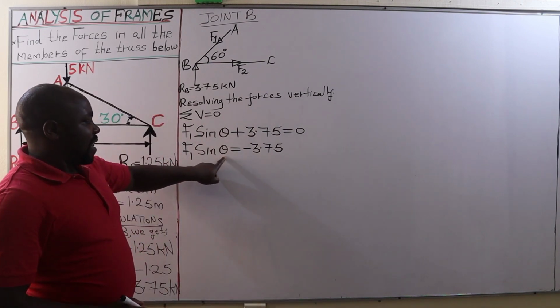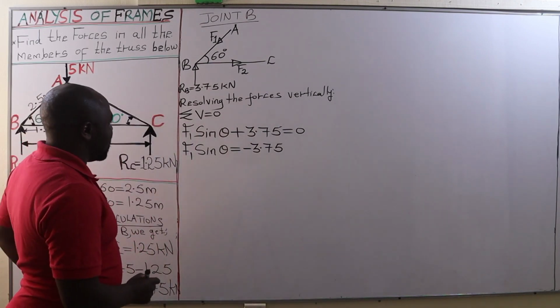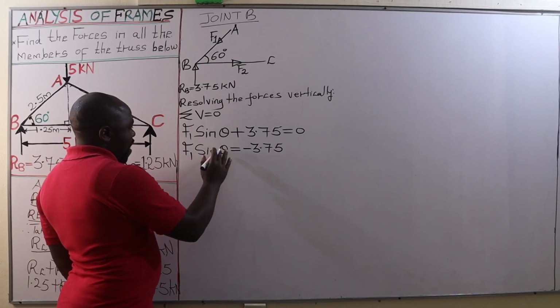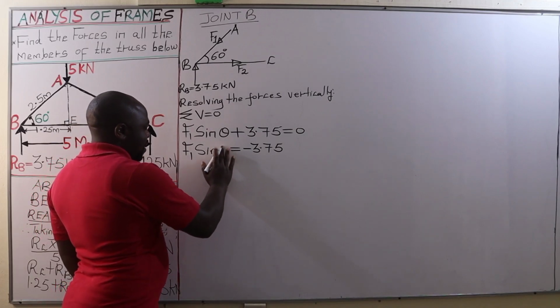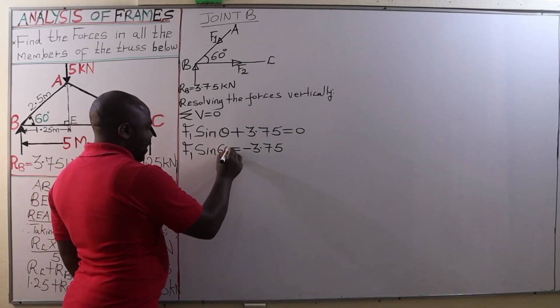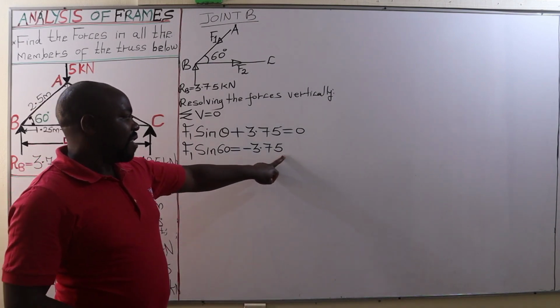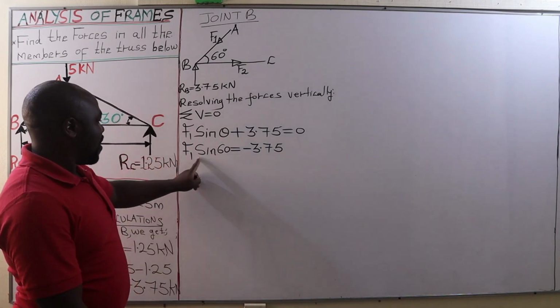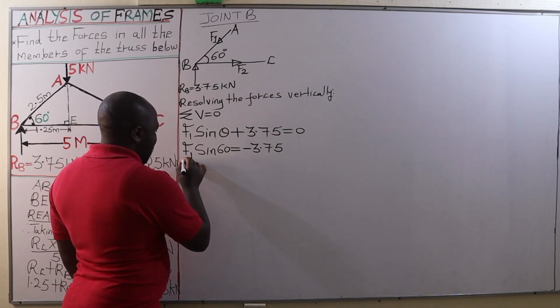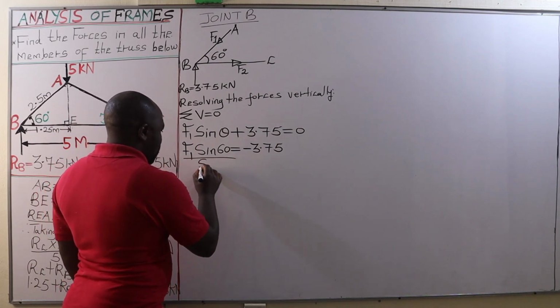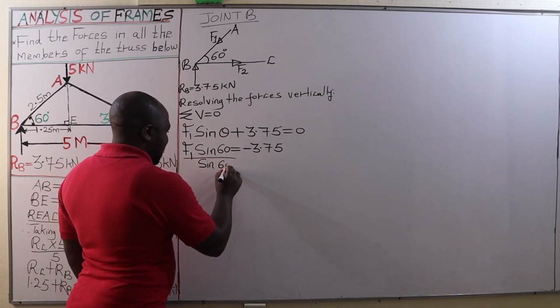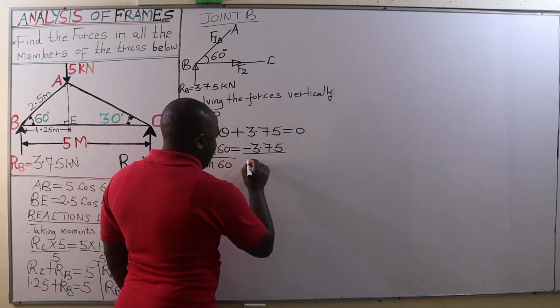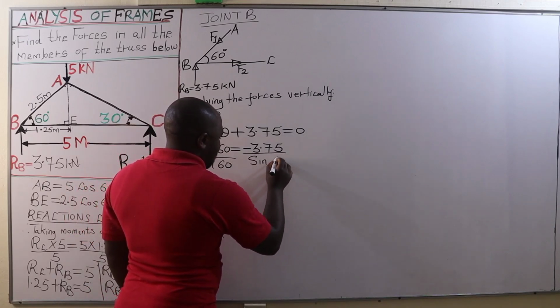Now, theta is 60 degrees, and therefore F1 sine 60 is equal to negative 3.75. Now, for us to get the value of F1, we are going to divide through by sine 60.